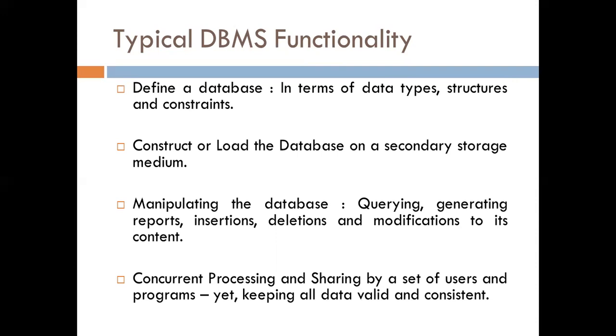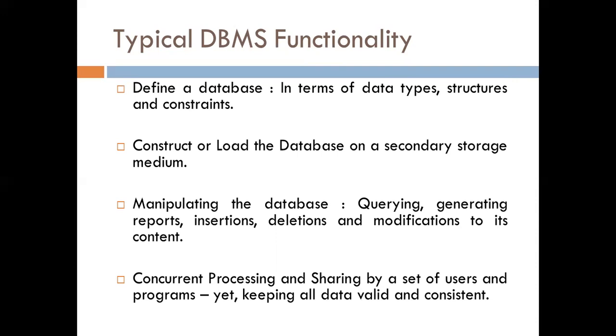Let us assume we are collecting information about 100 students, so we are collecting everyone's mobile number. What are the constraints on that mobile number? First, it should not contain alphabets; it should contain only digits.